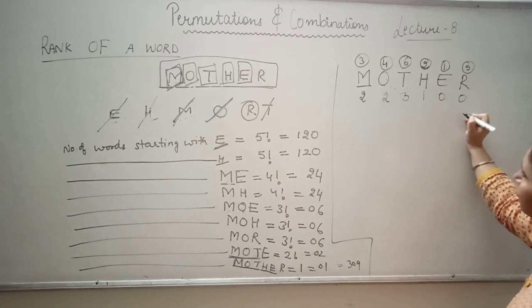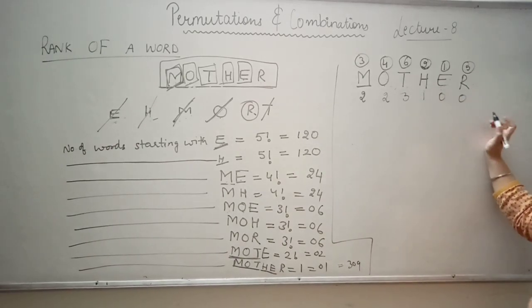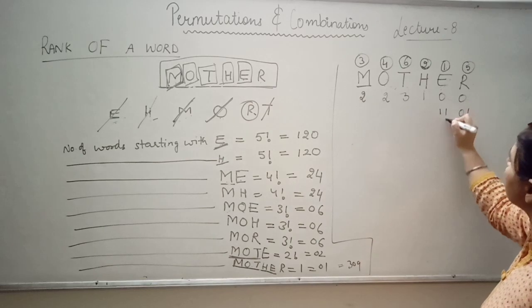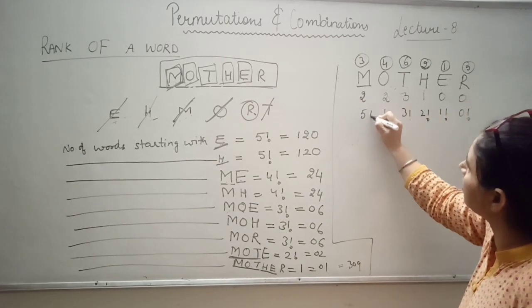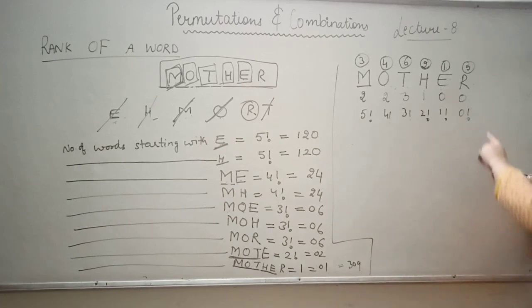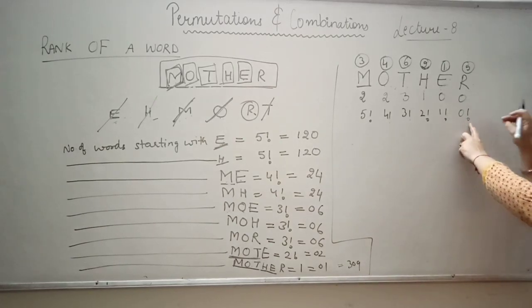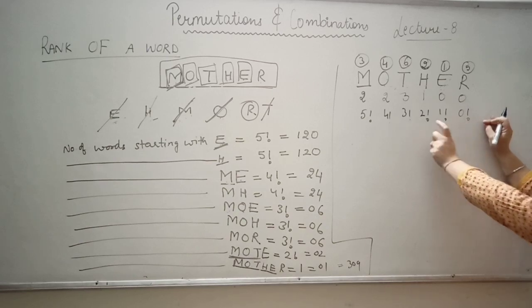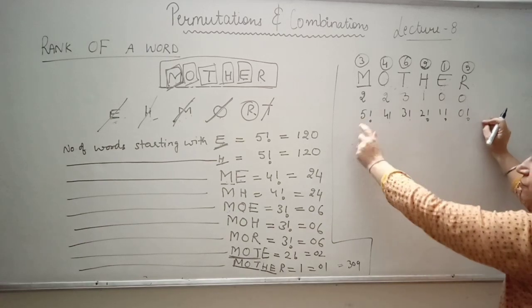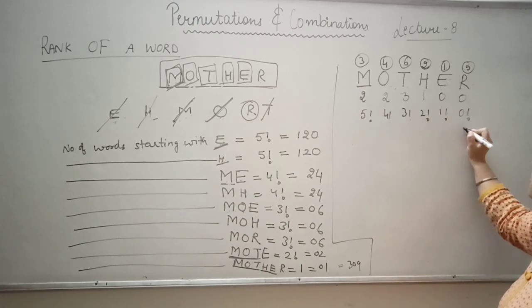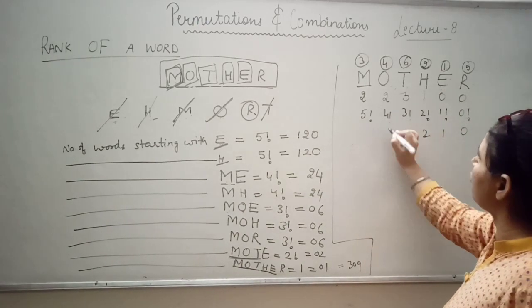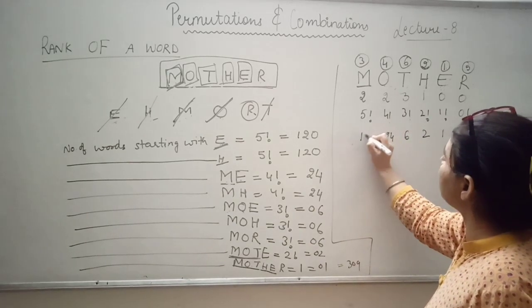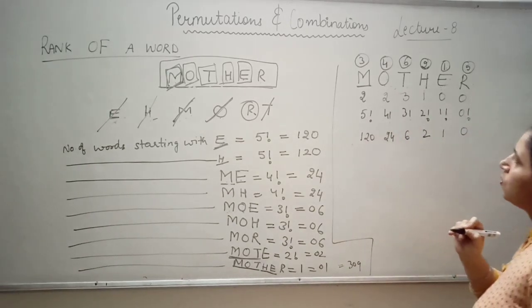Now you will start from the extreme right and write 0 factorial, 1 factorial, 2 factorial, 3 factorial, 4 factorial, 5 factorial. Means you have to always start from the right side with 0 factorial only. Now 0 factorial means 1, 1 factorial means 1, 2 factorial means 2, 3 factorial 6, 4 factorial 24, and 5 factorial is 120.